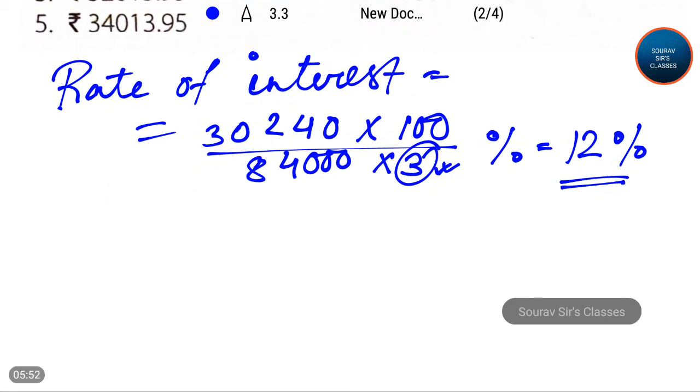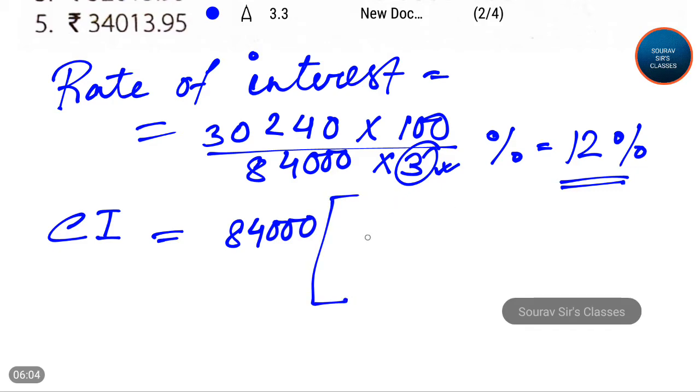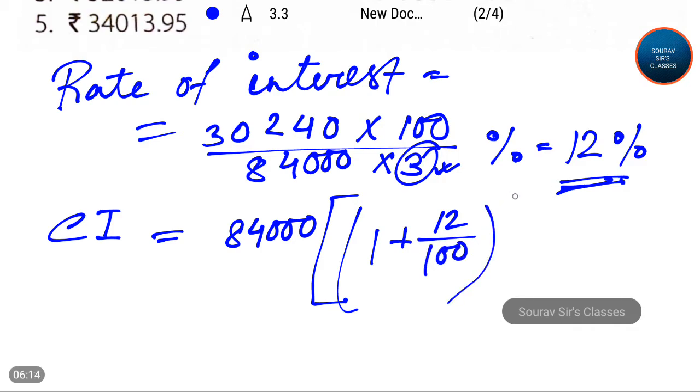Now the compound interest, that is CI, is equals to 84,000 into 1 plus 12, that we derived before, the rate of interest, 12 by 100 whole to the power, the number of time period, that was 3 years, and this minus 1.